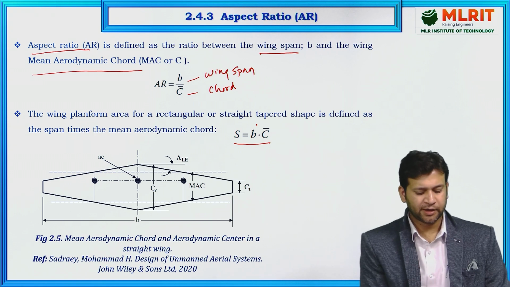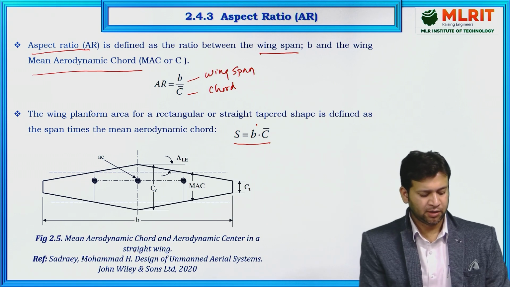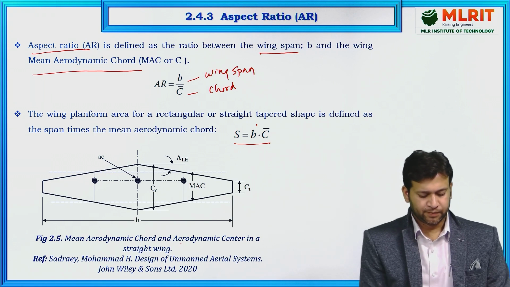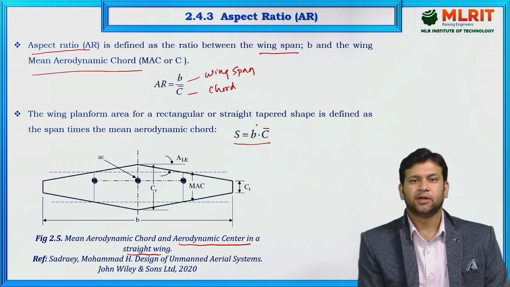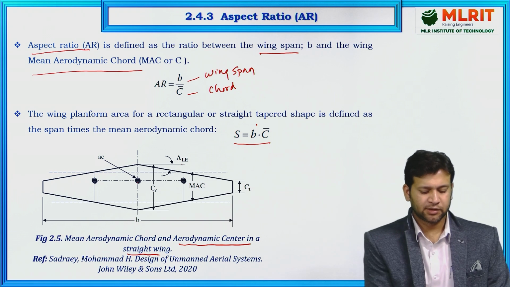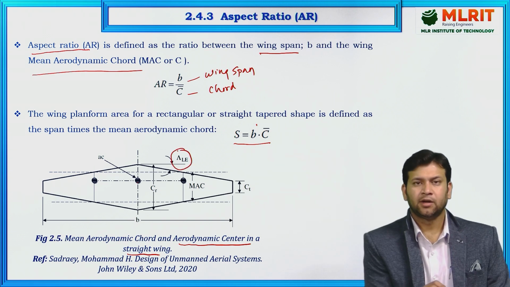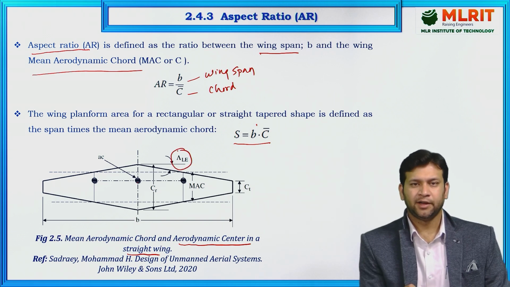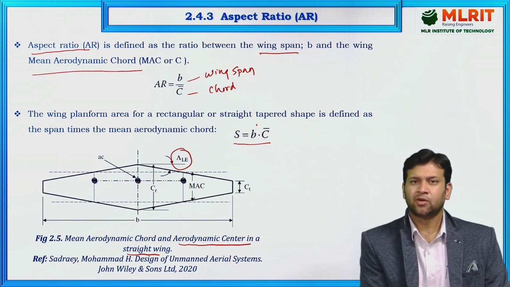This is a schematic diagram of a trapezoidal wing where we can see the aerodynamic center in a straight wing. This is the aerodynamic center AC. This is the sweep angle. This is the sweep angle at the leading edge. This is the mean aerodynamic chord. It is the shortest distance joining leading edge to trailing edge.